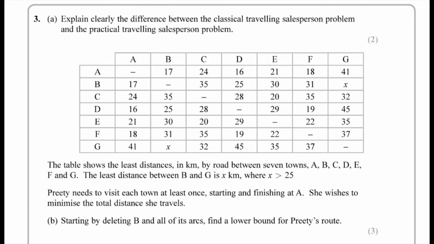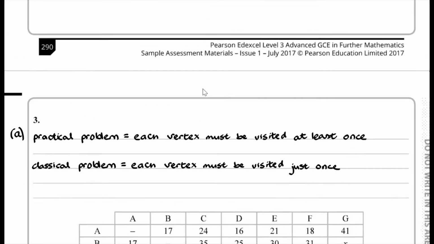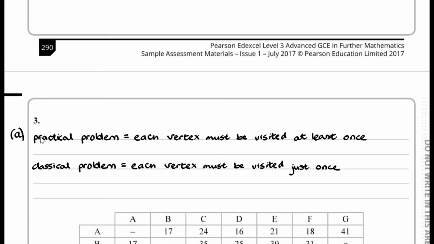Question 3. For part A, we have to explain clearly the difference between the classical travelling salesperson problem and the practical travelling salesperson problem. And we've got these definitions over here.